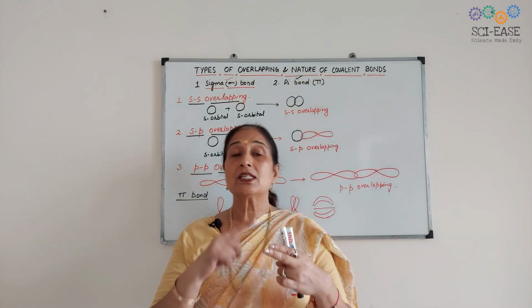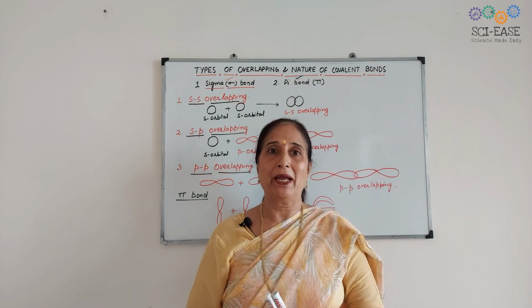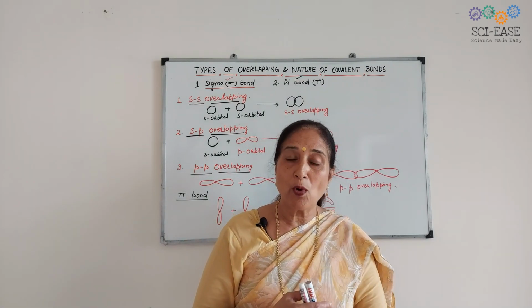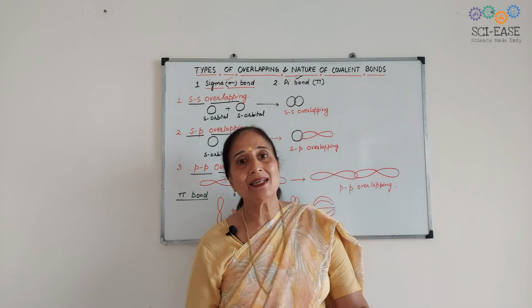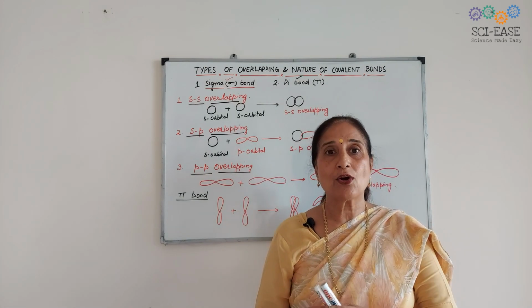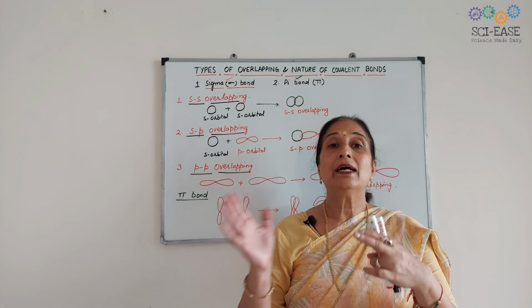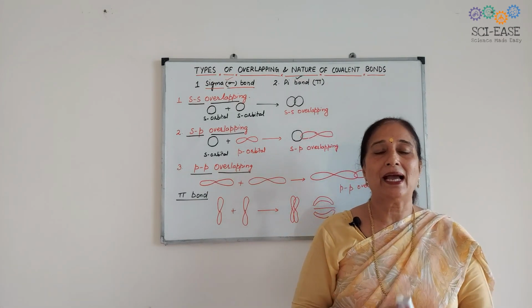Because the strength depends upon the extent of overlapping. So in case of sigma bond, the extent of overlapping is more. That is why it is stronger. While in the case of pi bonding, the extent of overlap is less, so it is weaker than sigma bond.